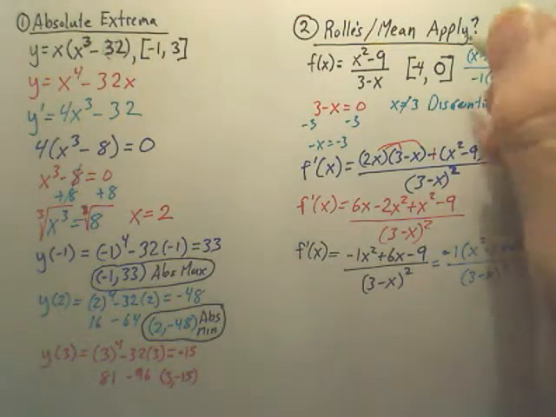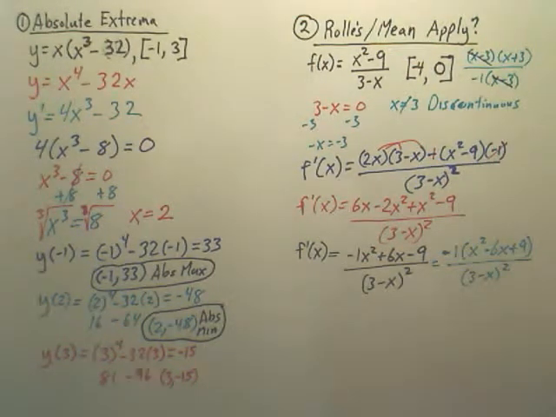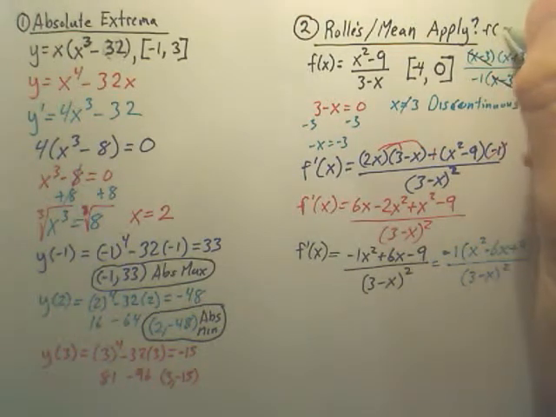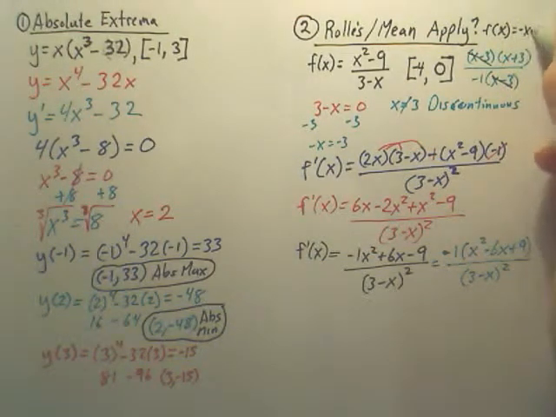Then couldn't I just cancel these? My new equation is f of x equals negative x minus 3.